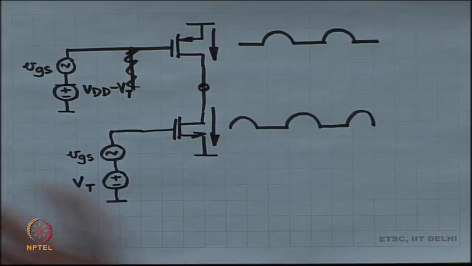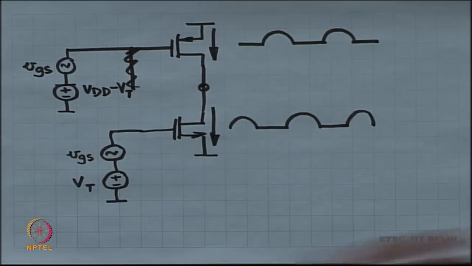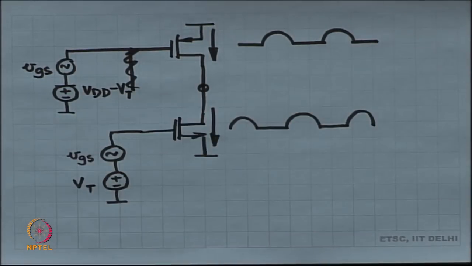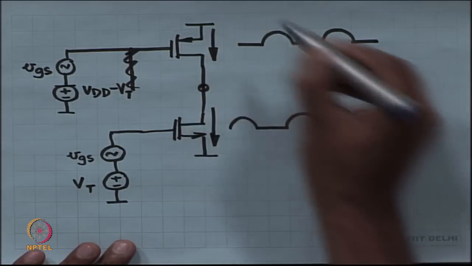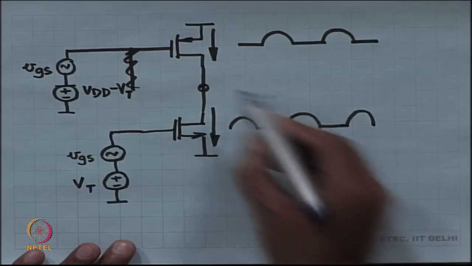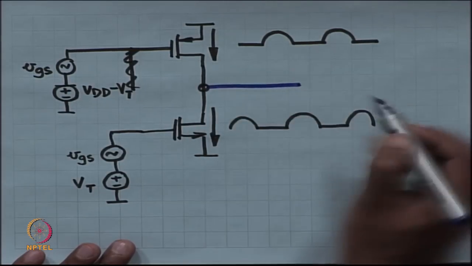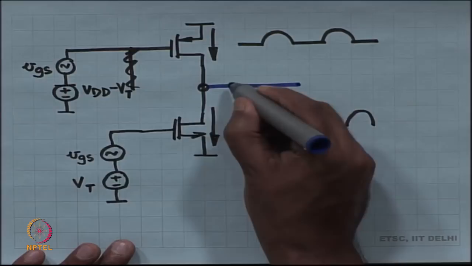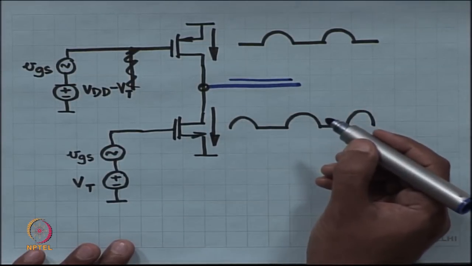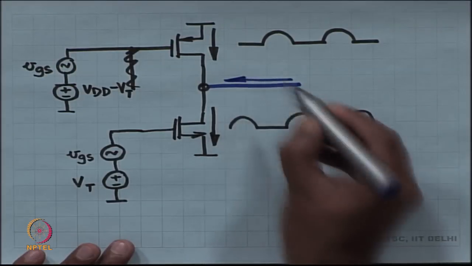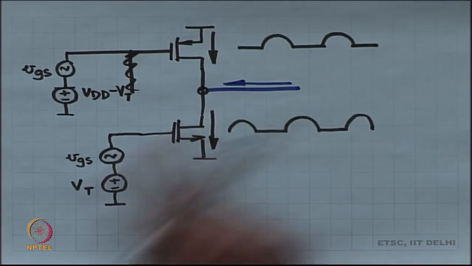If I hook them up and make sure that the current drawn from VDD is a constant. Suppose the DC current, okay, if you hook them up, what is this other current?